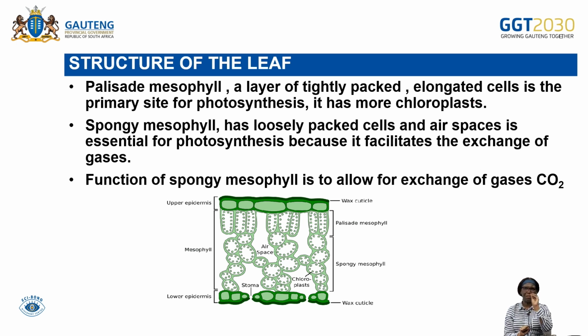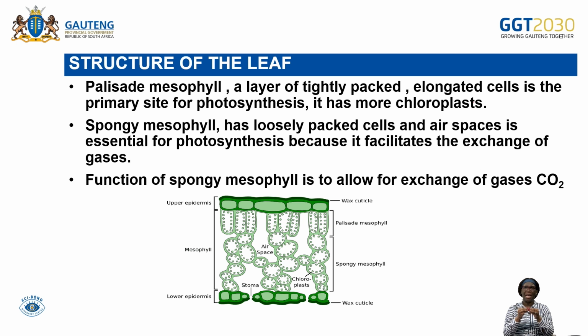We have the palisade mesophyll, we have the spongy mesophyll. Palisade mesophyll is tightly packed with elongated cells. We said that the cells are lengthened to increase their surface area for photosynthesis to take place.